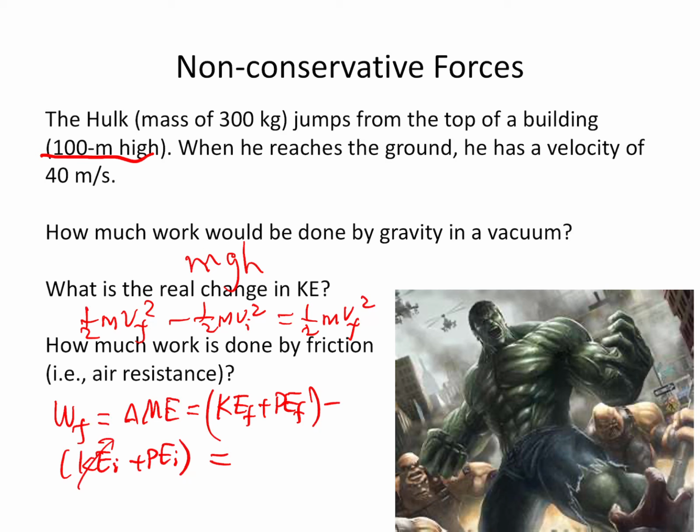So you have KEf subtract PEi, and PEi is mgh, right? So it's 1/2 m vf squared subtract mgh. You'll figure out it's a negative number, which makes sense because kinetic friction always does negative work, because kinetic friction is always in the opposite direction of the motion. Okay, that's it for chapter 8, energy conservation.